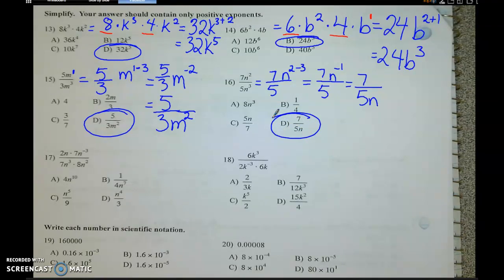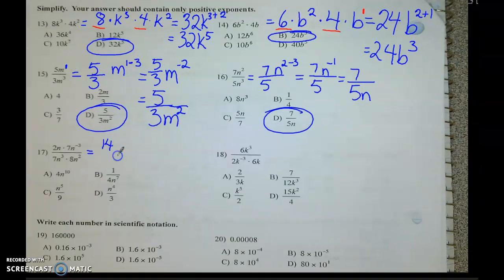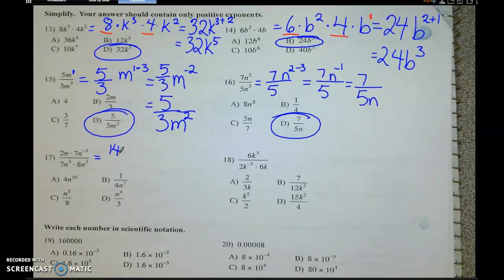Number 17, okay? We're combining a few things, looking at this one. So let's simplify the top and simplify the bottom. I know that 2 times 7, that is 14. Multiplying exponents, going to use that rule. That means I have n to the 1 plus negative 3 on the top. 7 times 8, that gives me 56, n to the 3 plus 2.